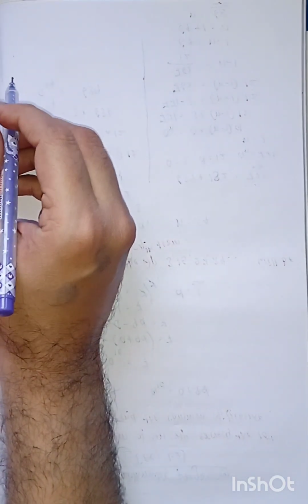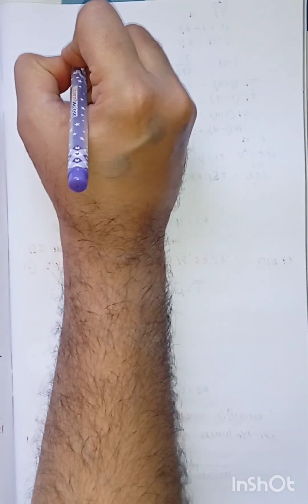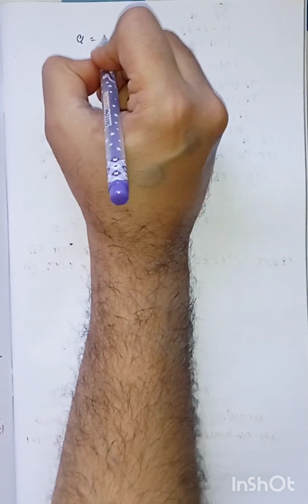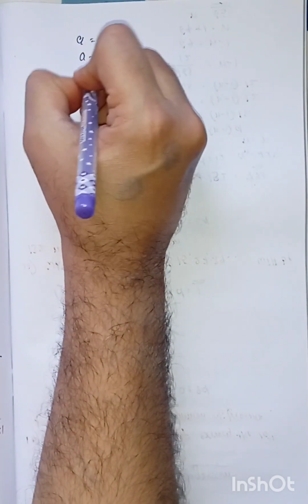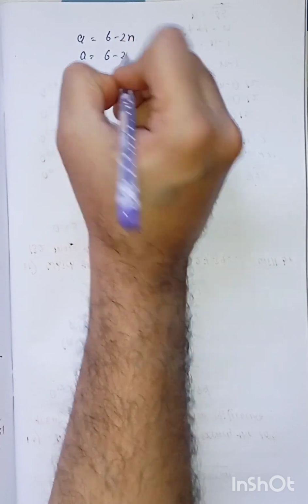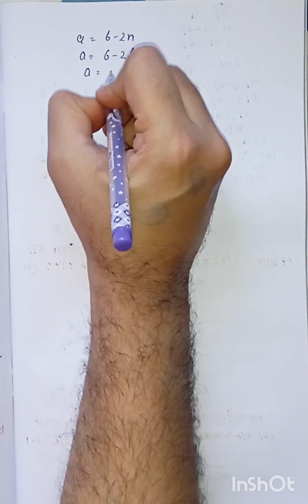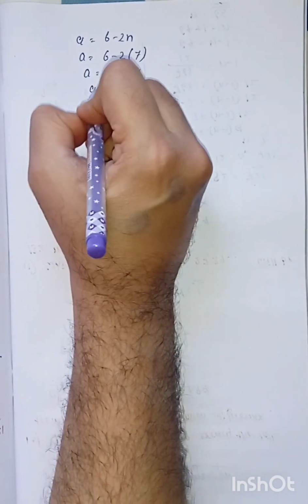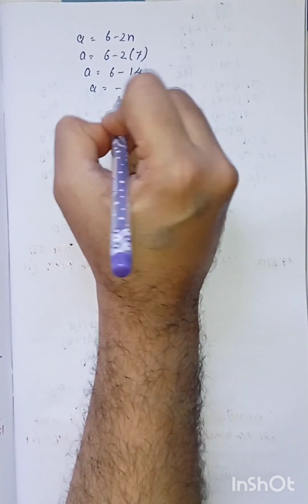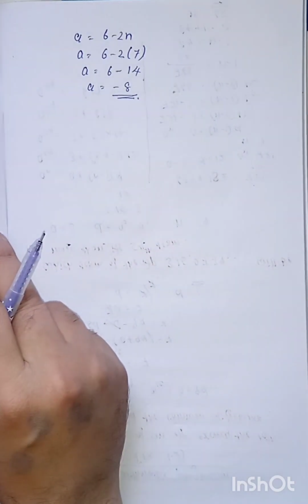With the help of n, now we can calculate the value for a. I will take a equals 6 minus 2n. Now 6 as it is, n we got 7. Now a equals 6 minus 2 sevens are 14. So a equals minus 8. Now we got the value for n and a.